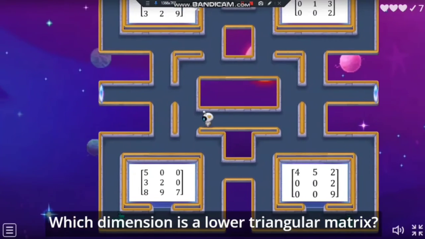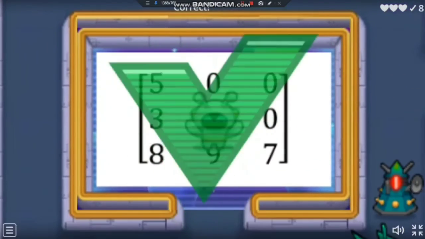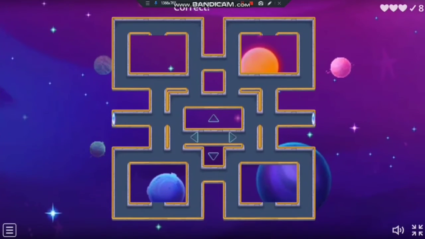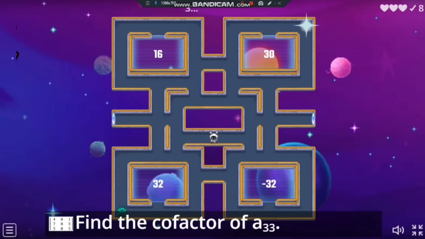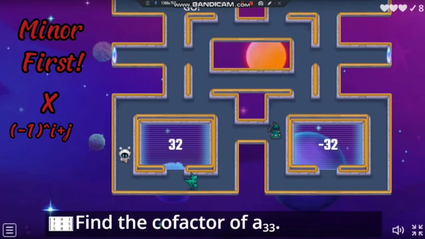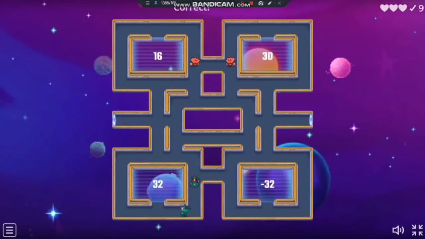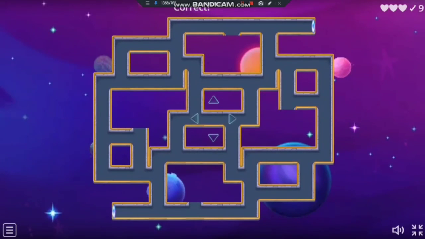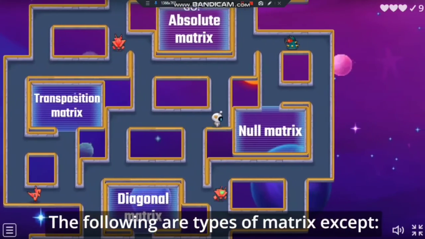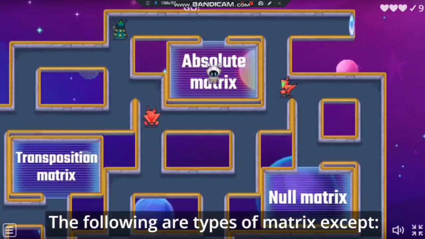We can find it by observing the pattern of the elements. To find the cofactor, find the minor first and then multiply it by -1 to the power of the sum of both row and column. The following are types of matrices except absolute matrix.